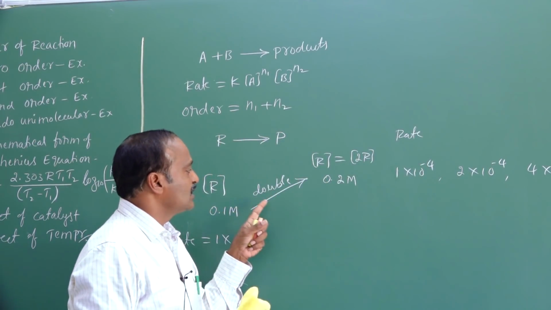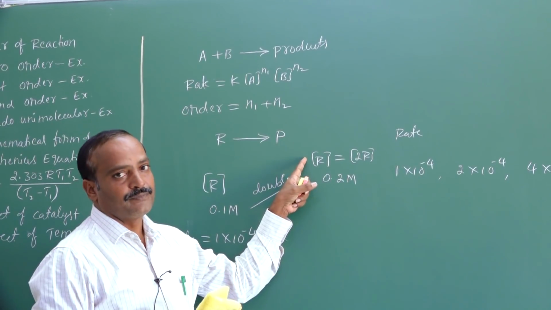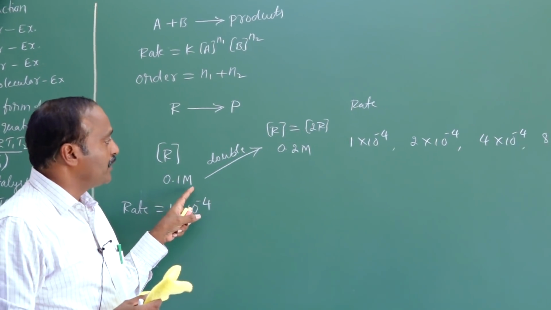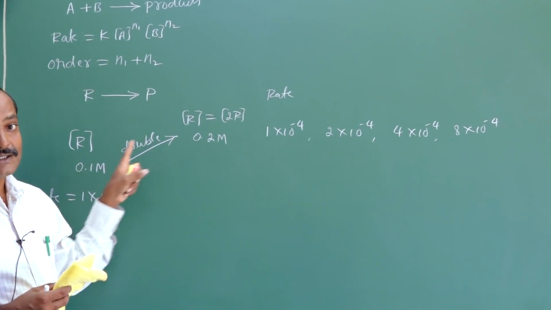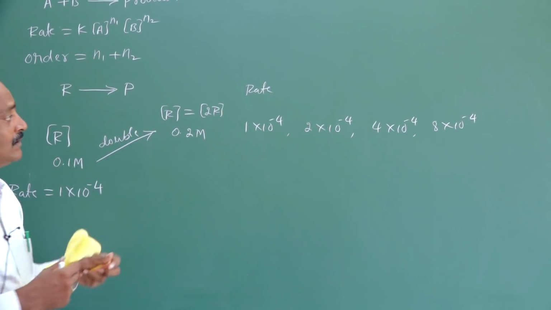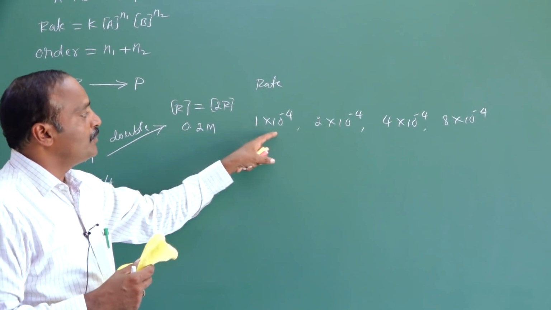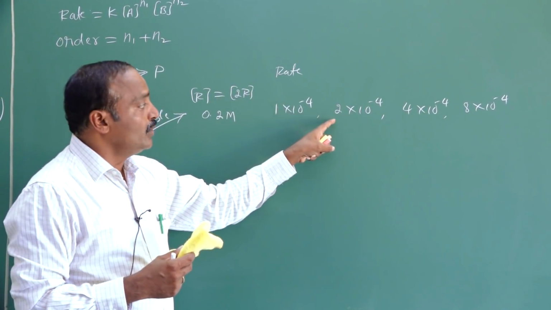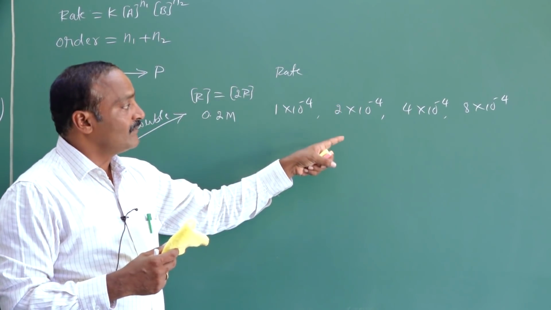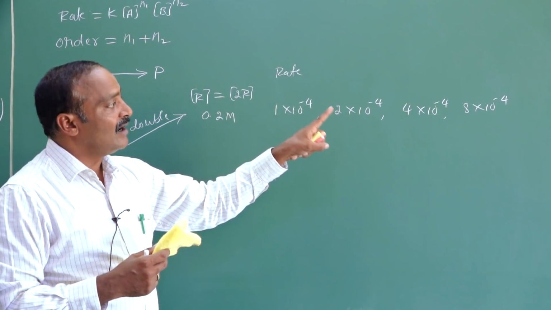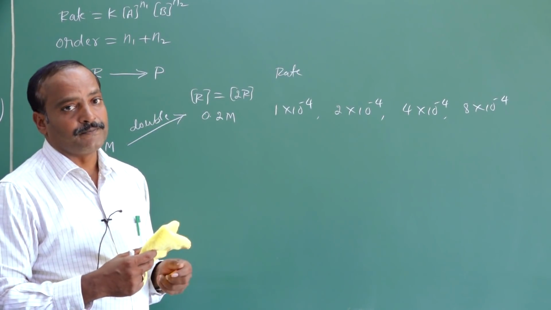When the concentration of the reactant is doubled, 0.1 mole is converted to 0.2 mole. The rate values may be 1, 2, 4 or 8 into 10 to the power of minus 4.